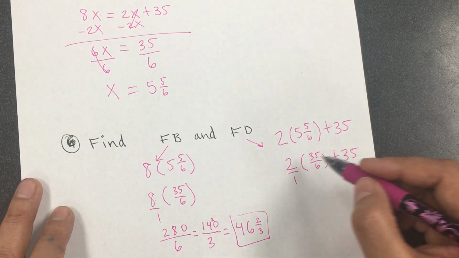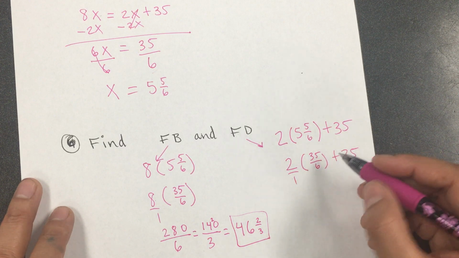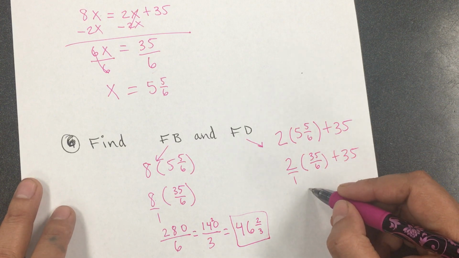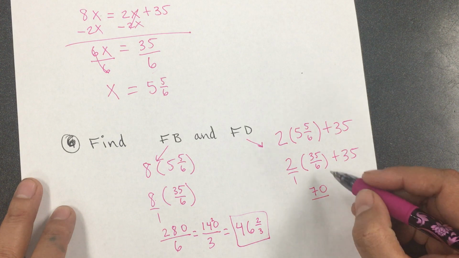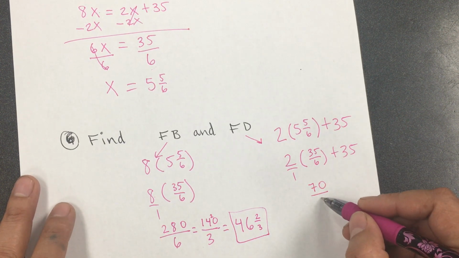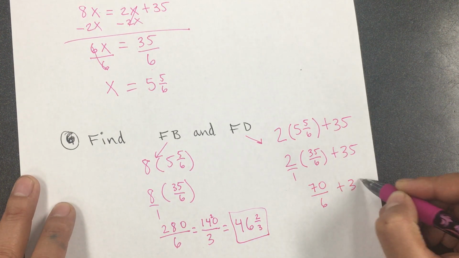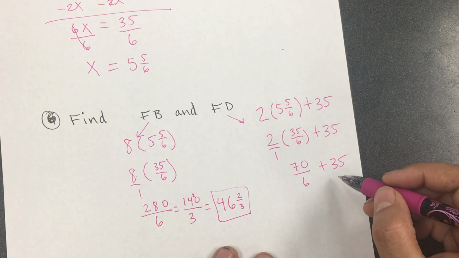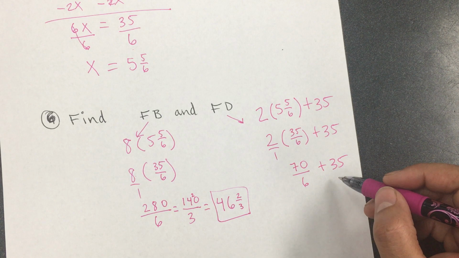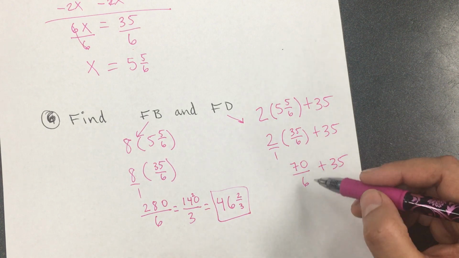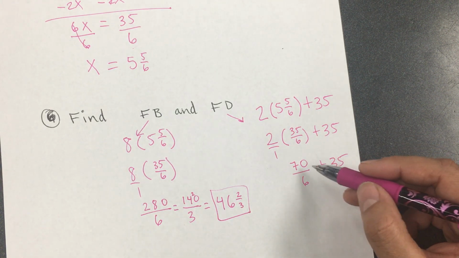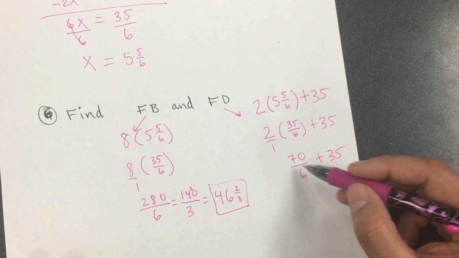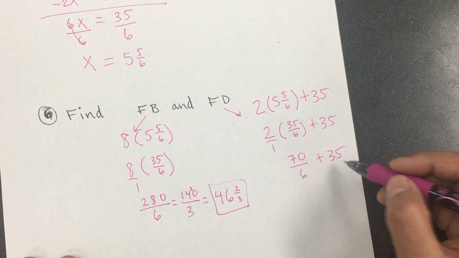We put this over 1, multiply straight, so 2 times 35 is 70, over 1 times 6 is 6, plus 35. In here, you have 2 options. I think since we have a whole number, it's easier to just work with mixed number plus whole number.